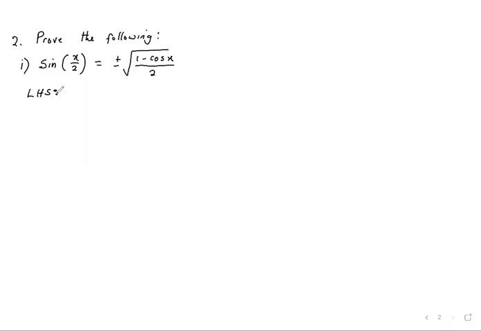So instead of picking directly sin x over 2, the first thing that we should write is sin squared x plus cos squared x is equal to 1. First thing. Second is cos 2a is equal to cos squared a minus sin squared a.